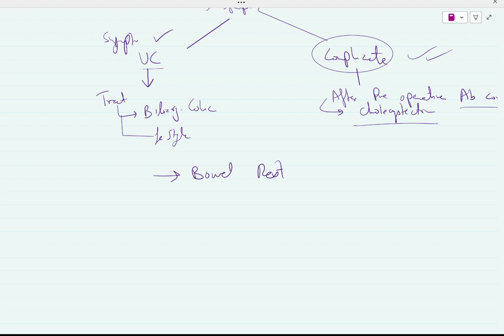If a patient comes to you with biliary colic and you suspect symptomatic uncomplicated cholelithiasis that is leading to complications, you will admit the patient and give bowel rest, nil per oral.